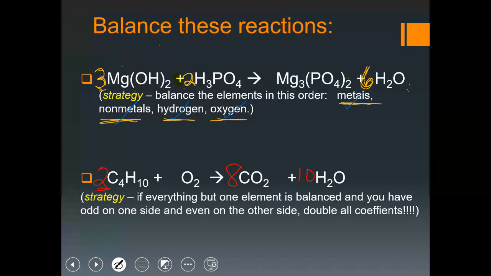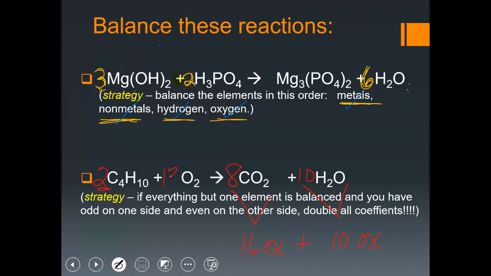Wow, our numbers are getting big now. Because here, 8 times 2, here we have 16 oxygen. 10 times 1, and we have 10 oxygen. We now have 26 oxygen. That makes sense because we had 13 before and we doubled it, so now we have 26.